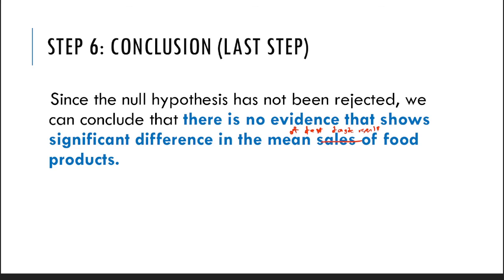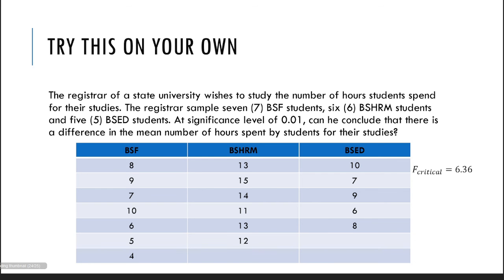So that is how we conclude our ANOVA, or one-way ANOVA. And in that note, I will be leaving you this exercise or this assignment. So for this assignment, you just need to conclude that there is a difference in the mean number of hours spent by students for their studies. So in here, we have the registrar of a state university wishes to study the number of hours students spend for their studies.